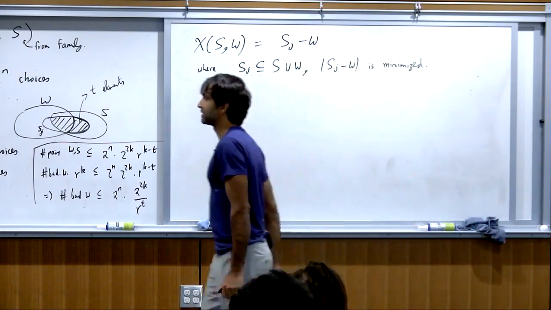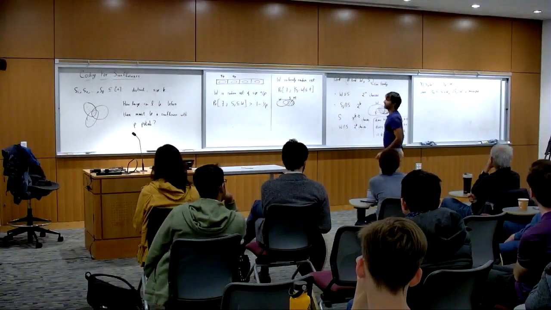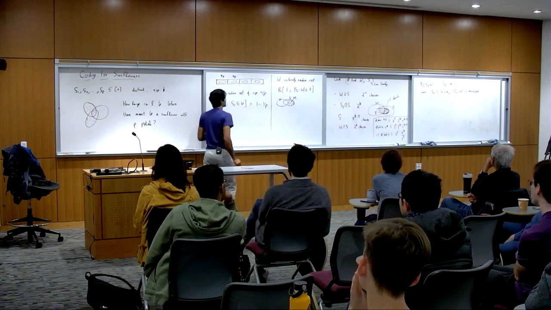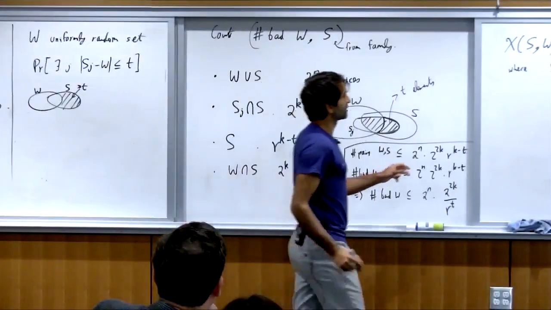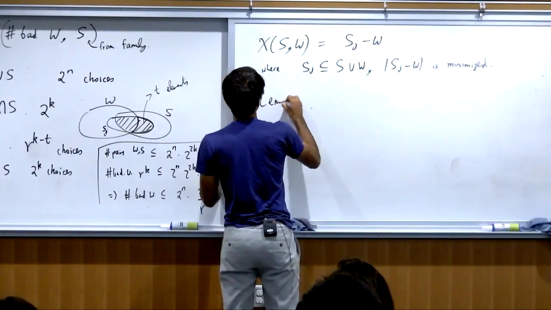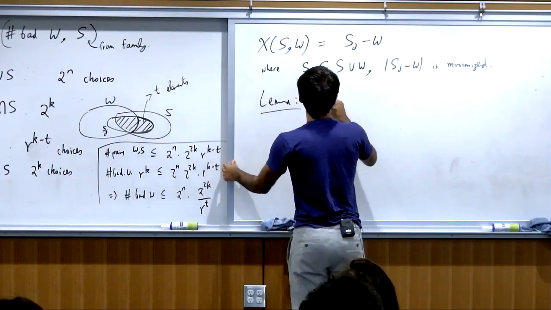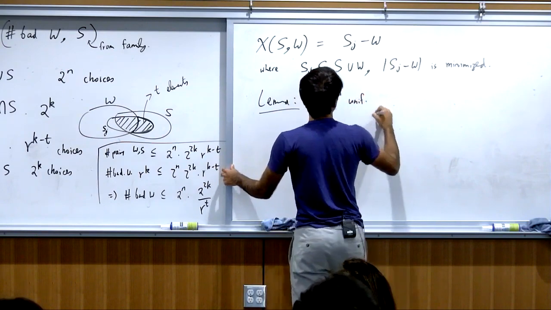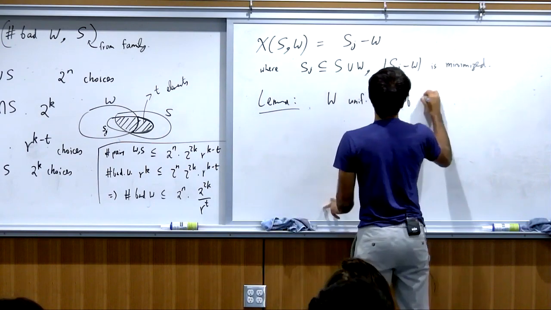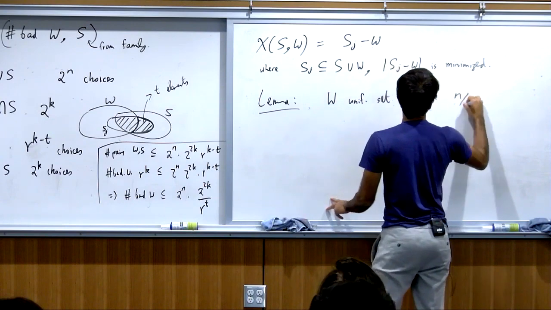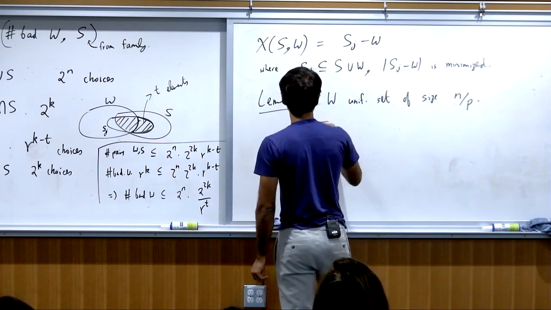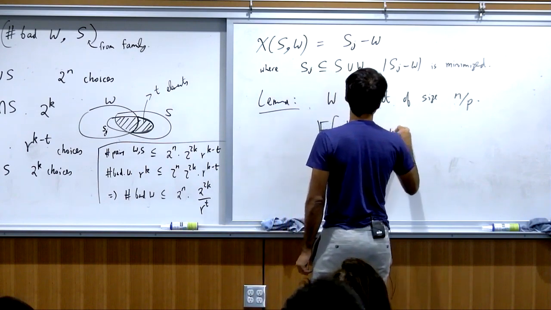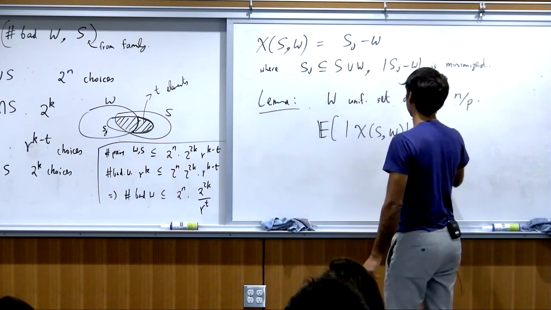And the lemma that I'm going to prove, maybe I'll write it here. So the main lemma is that if W is a uniformly random set of size n over p, the expected value of the size of chi SW is small.